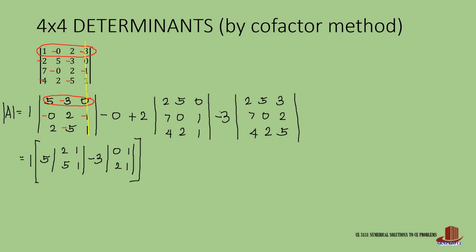Now try the third term. Again, let's work with the first row. So start with the first element. That would be 2 multiplied by 0, 1, 2, 1.